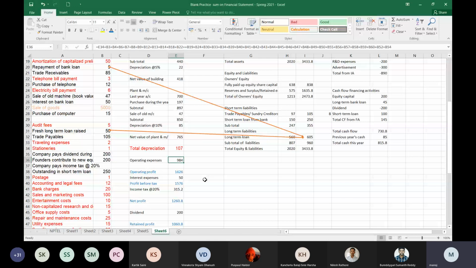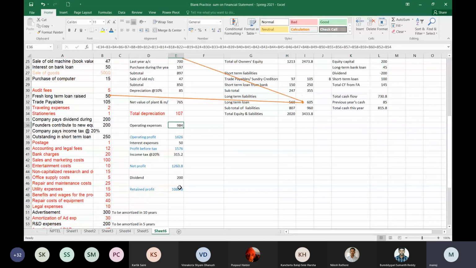This money remains with the company, but you have deducted that from profit loss account by including them in your operating expenses. So in a way that money has gone out of your books of accounts, but the money is there in the box or money is there in the bank.